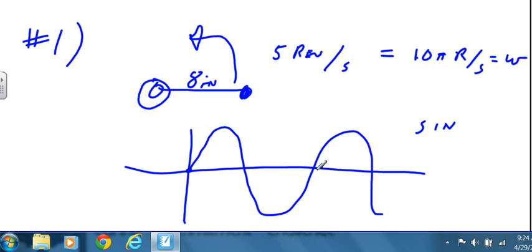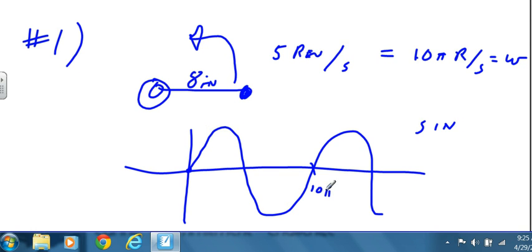We see a sine wave with a period of what? What's my period? I have 5 revolutions per second. My period is going to be 10 pi.